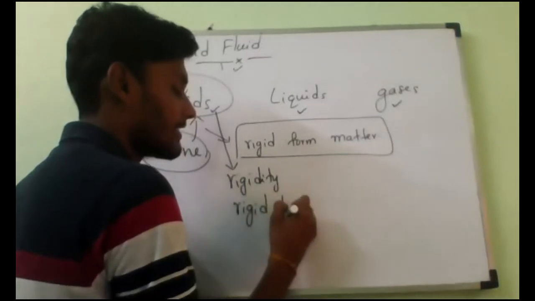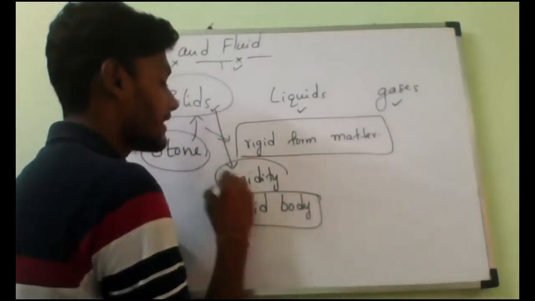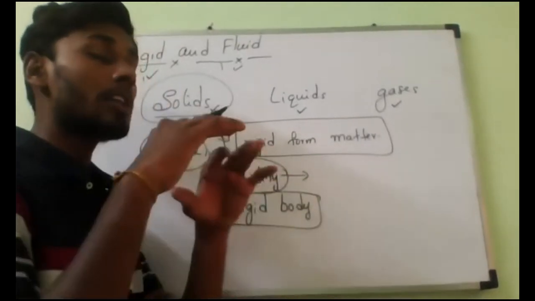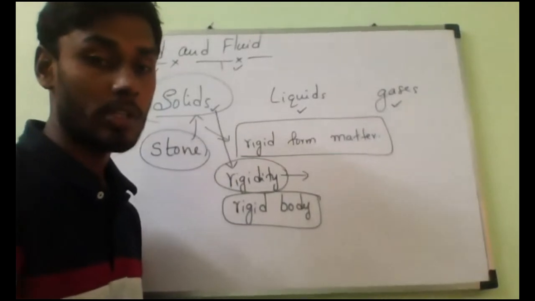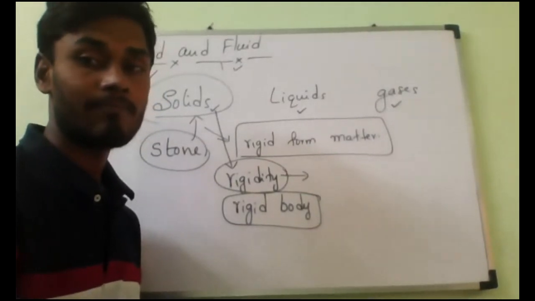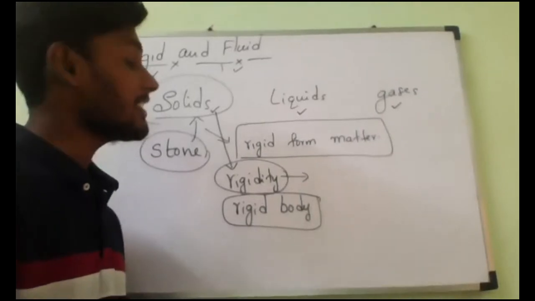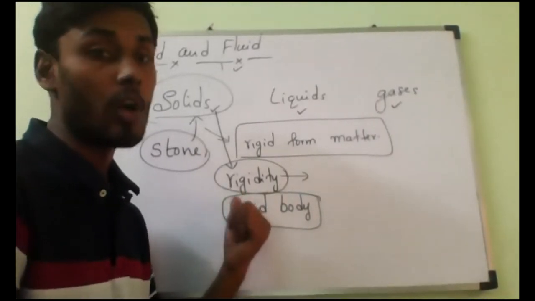Solid is a rigid body and has a property called rigidity, meaning it maintains the same shape even when exposed to outside force. You understand, Pradosh? Yes, sir. So that is the meaning of rigid, and the property is called rigidity.